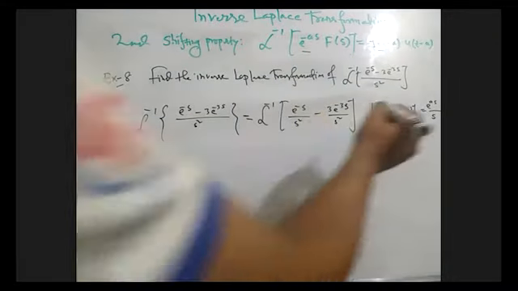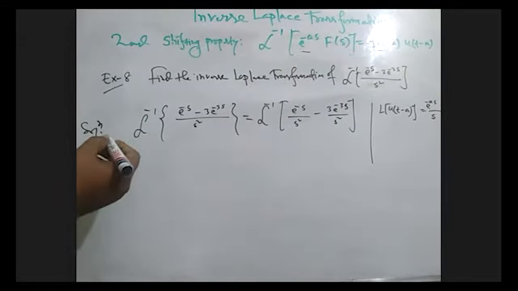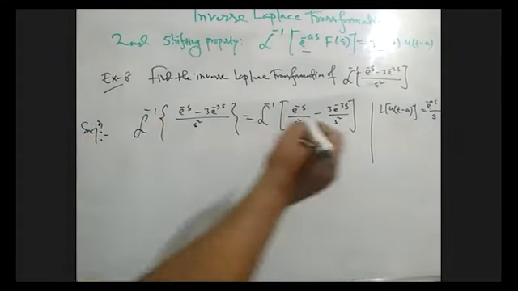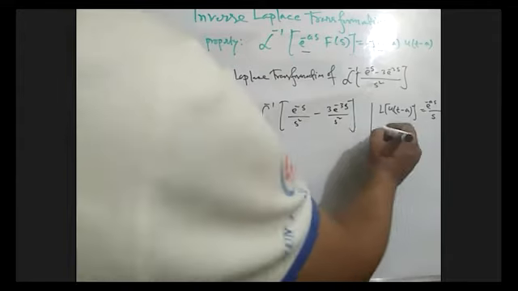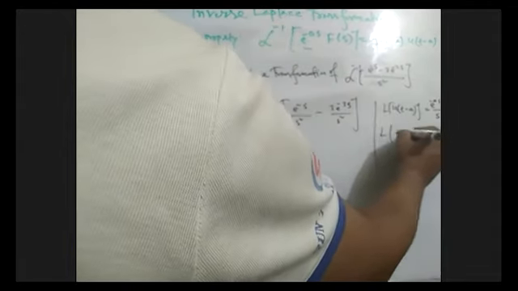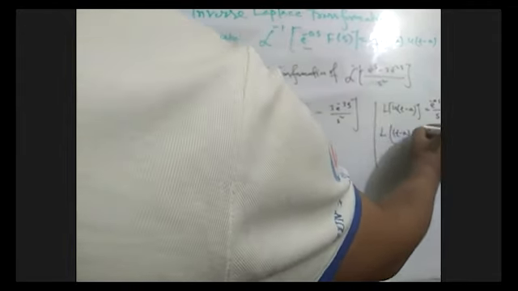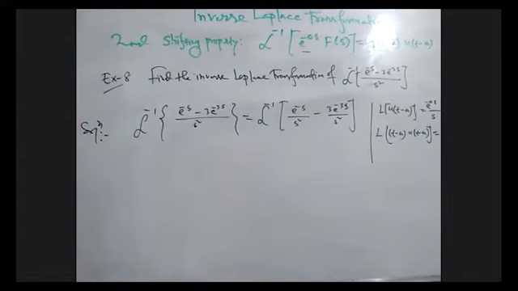And the Laplace transformation of (t minus a) u of (t minus a) can be written as e to the power minus a s divided by s square.